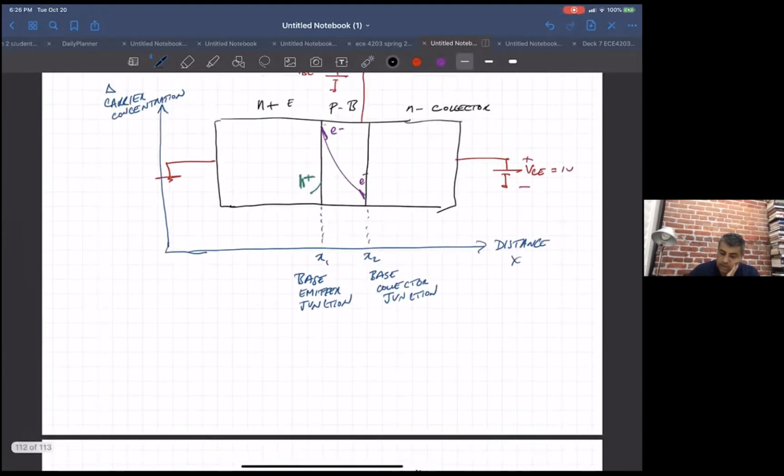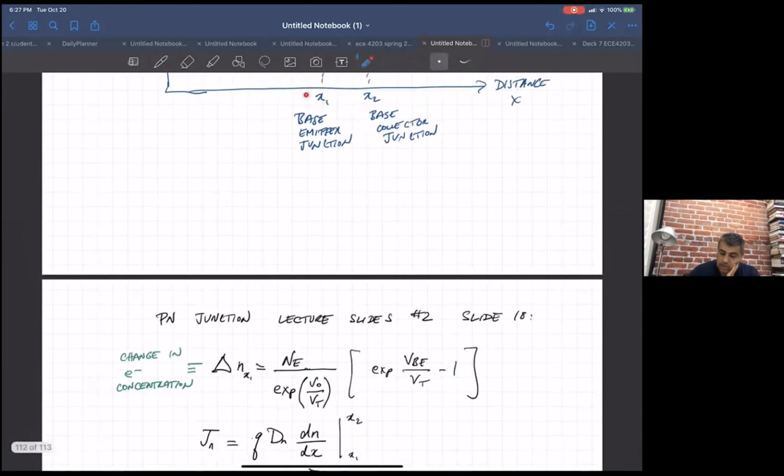We basically are looking at the current density going across here. We're saying that's Q, the charge of an electron, times the diffusion constant, times the difference between these two concentrations at x1 and x2.